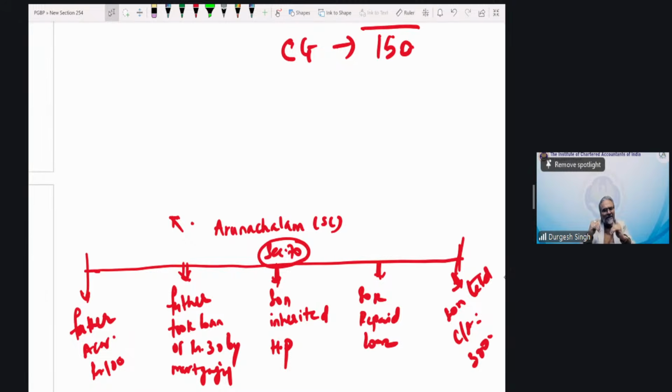Who is the assessee here? Son is the assessee. In his hands the assessment is done. When the assessee acquired the asset, what kind of right did he have? Did he have the absolute right over the property? No, he had a limited right, because the property was already mortgaged because of that loan.